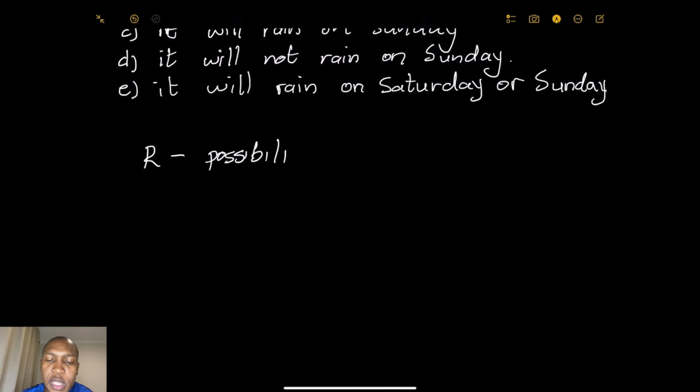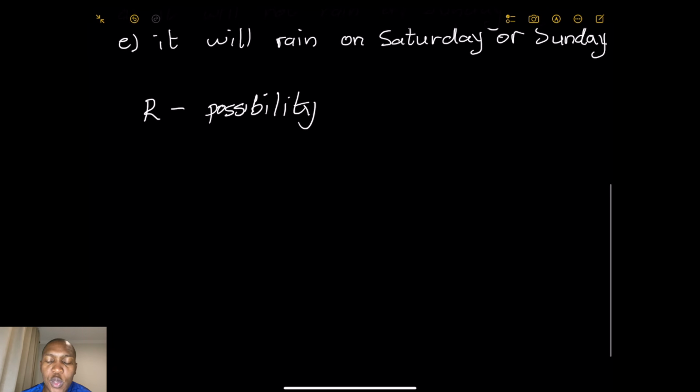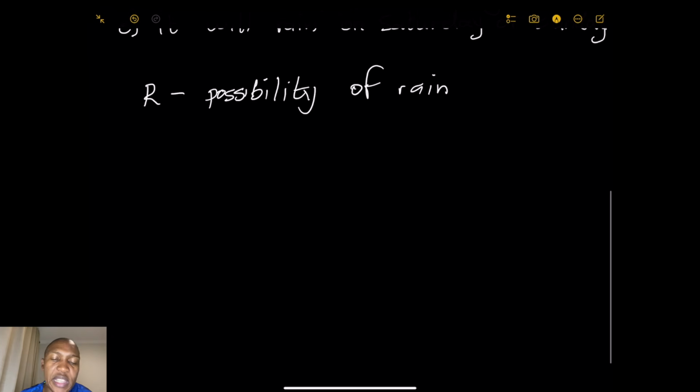And if we've got a possibility that it will not rain, that will be R prime. We always use that for it not raining.